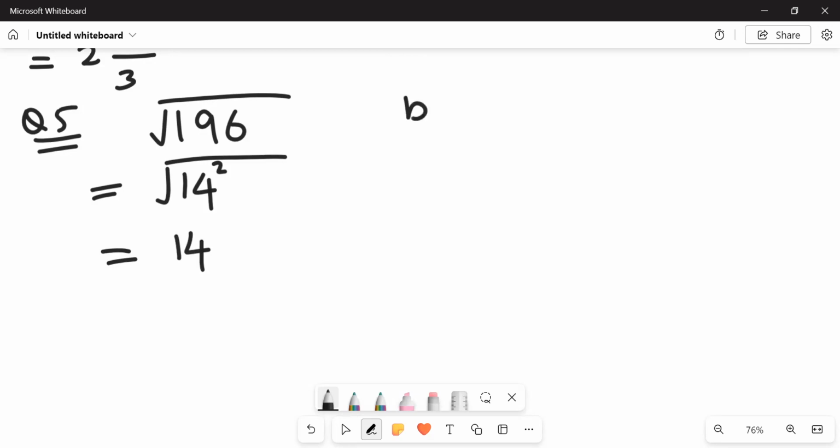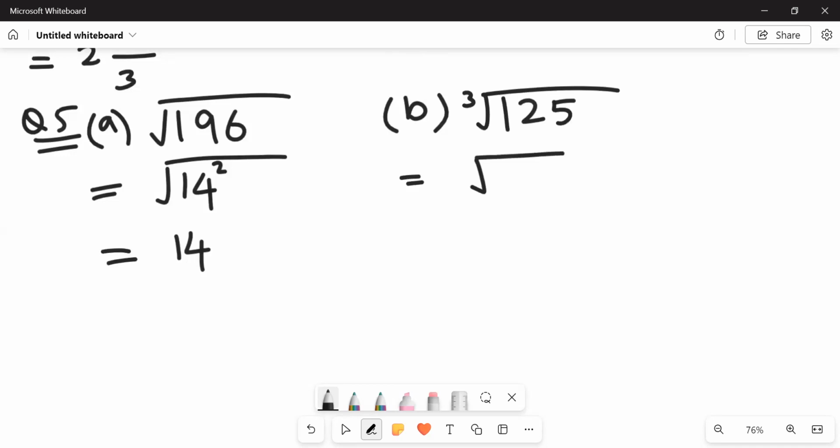And this one will be B part. Cube root of 125. So 125 is the cube of 5. And it can be written as 5 because this sign means 1 over 3.